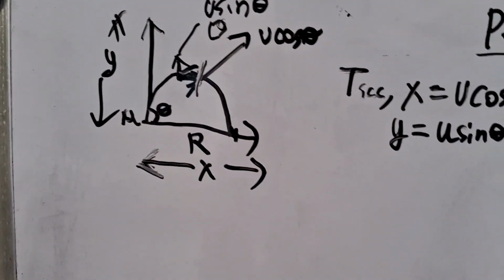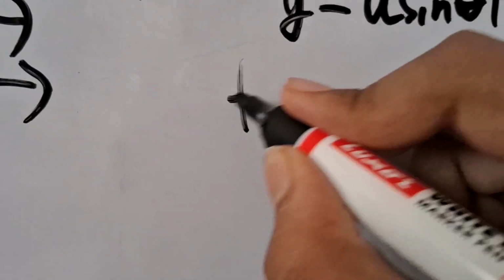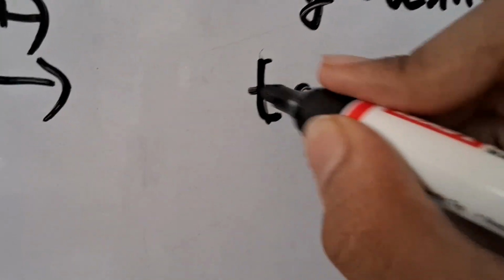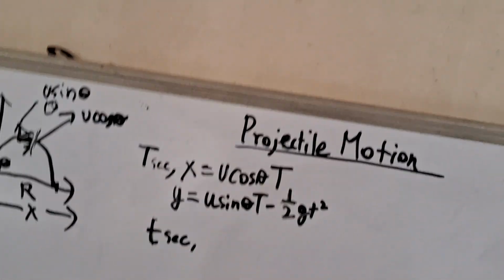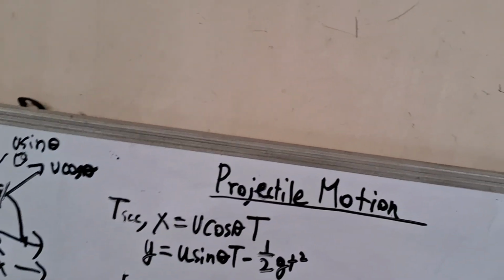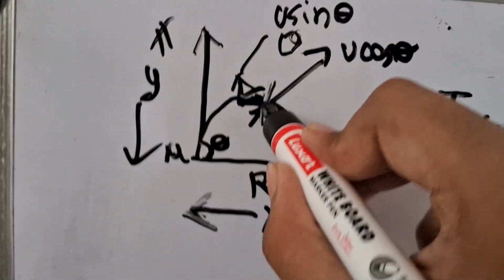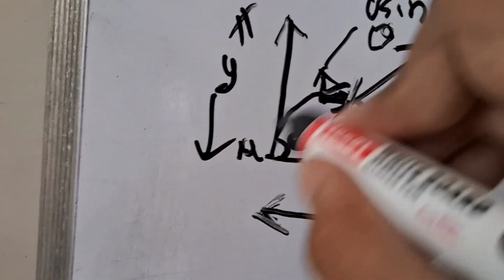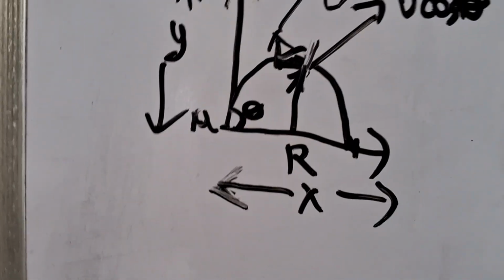So let's say the time taken is t seconds. How can we find out this t? Let's say the motion is still here. You're considering this part only, this quadrant. It's not even a quadrant, trust me.